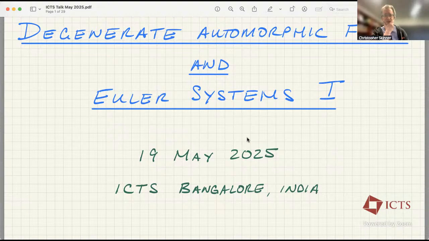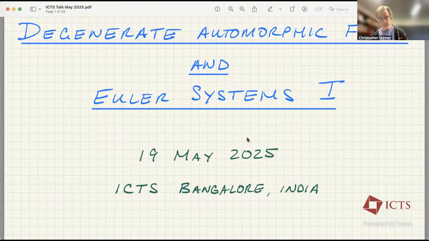This is the first of a series of talks where Marco Antonio Sangiovanni Vincentelli and I will describe how we've been able to construct some new examples of Euler systems and maybe give a relatively new framework, perhaps, for thinking about these constructions. So we've titled the series Degenerate Automorphic Forms in Euler Systems.